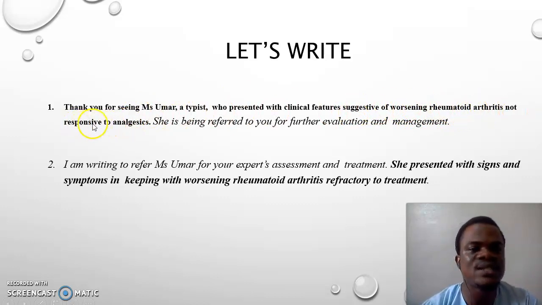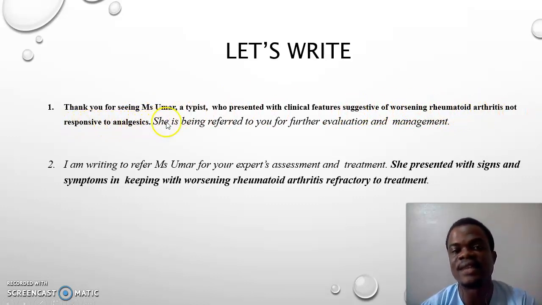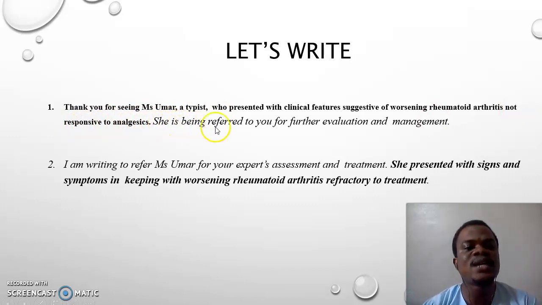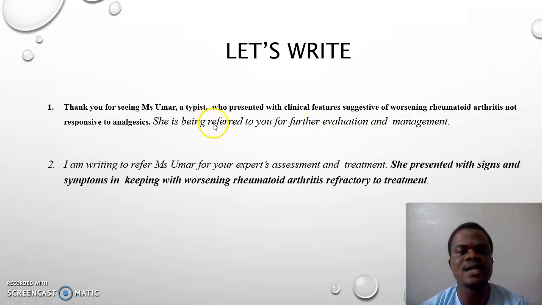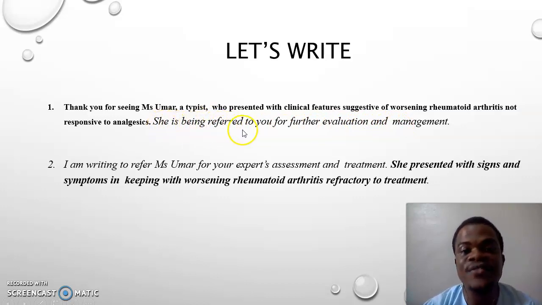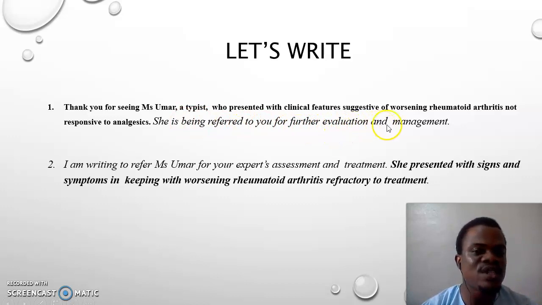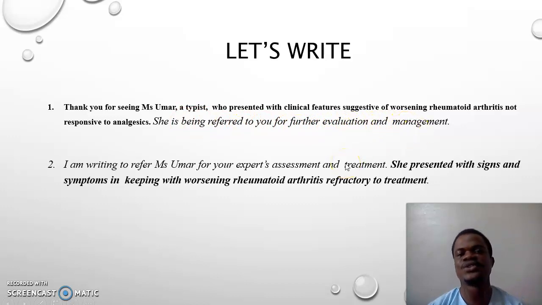Probably because the patient is not responsive to the analgesics that I've given. Then your second statement is explaining what you want the addressee to do. You are referring this patient, as this is a referral letter, for the addressee to evaluate and also manage this patient.